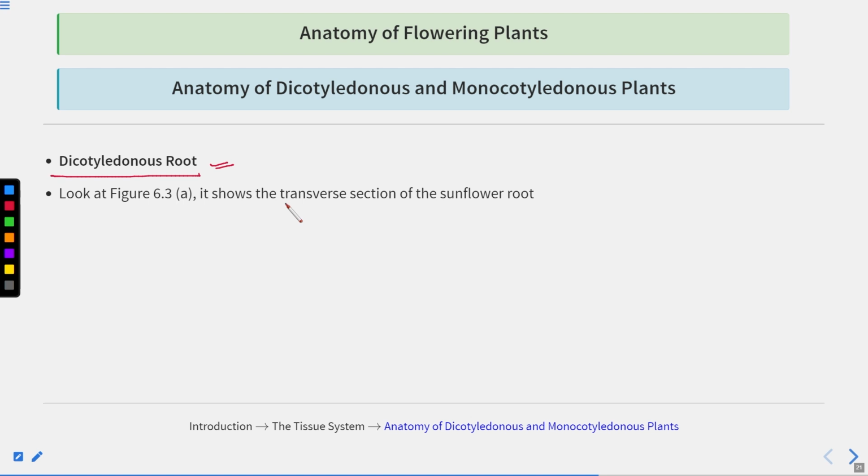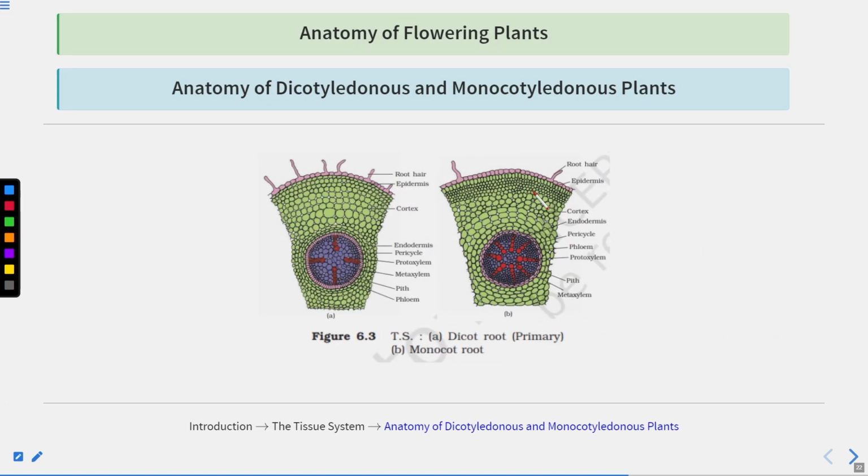Look at figure 6.3. It shows the transverse section of the sunflower root. Here you can see the xylem, this red colored part. This is the whole vascular bundle, right?